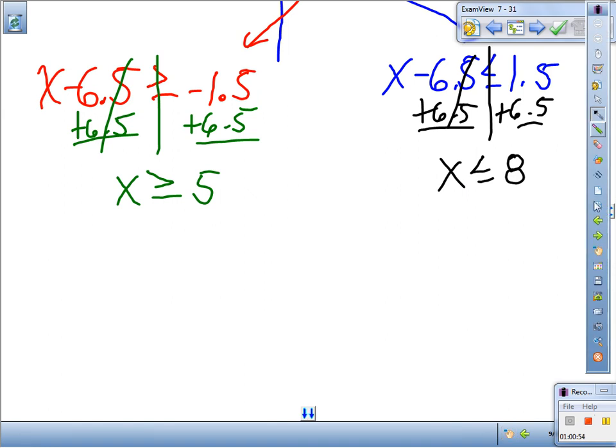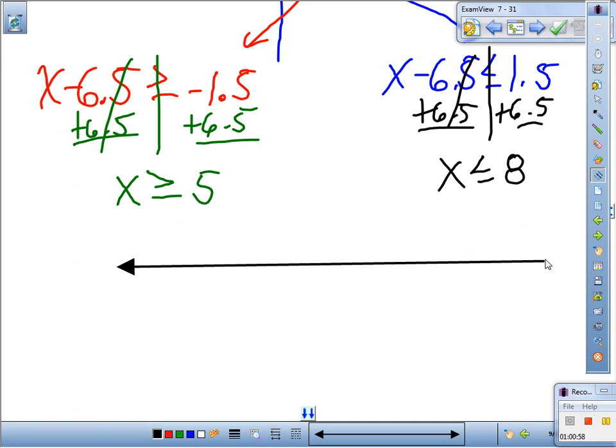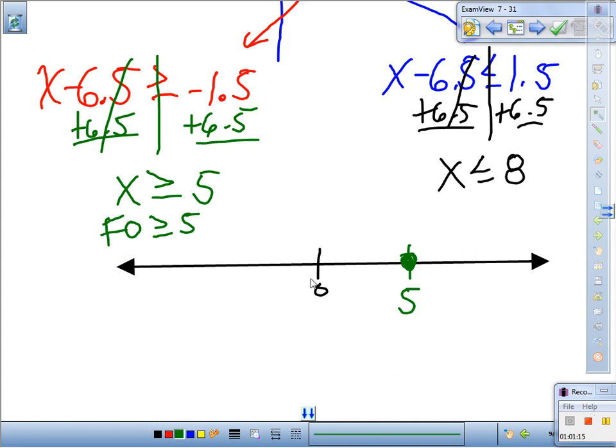So let's graph this. Here it goes. I got 0. This one is what? 5. Closed point. Let me test the point. Do I test 0? Yeah. Is 0 greater than or equal to 5? No, that's false. So I'm not going to go this way. I'm going to go that way. Next, I'm going to graph this one. 8.